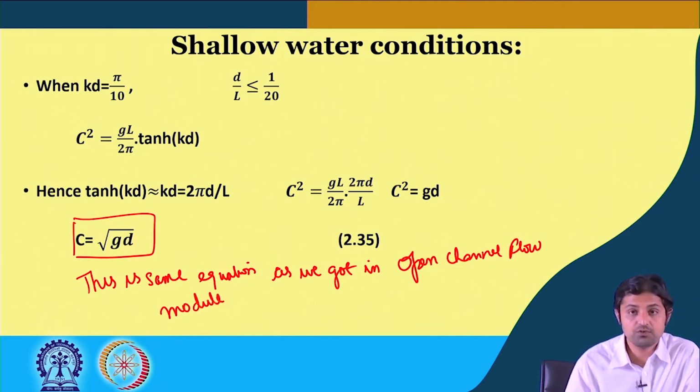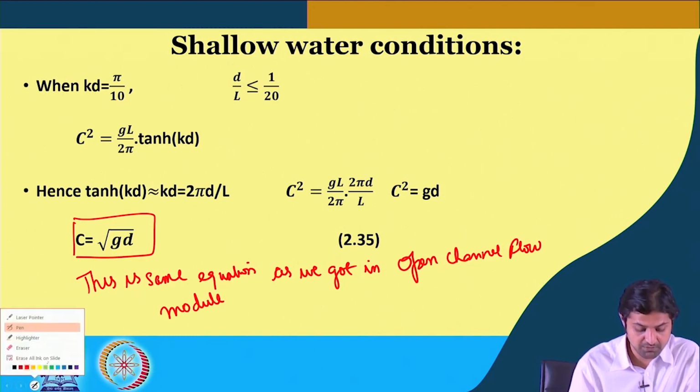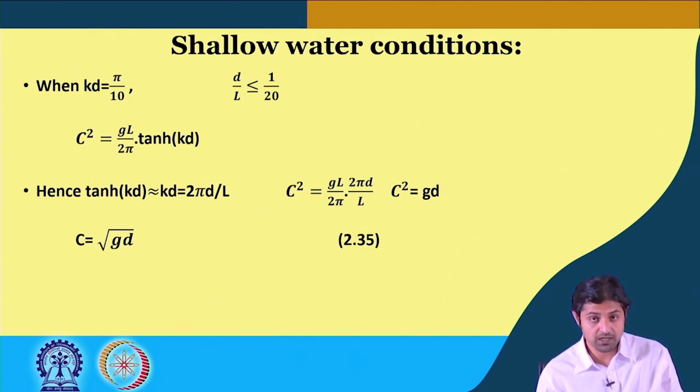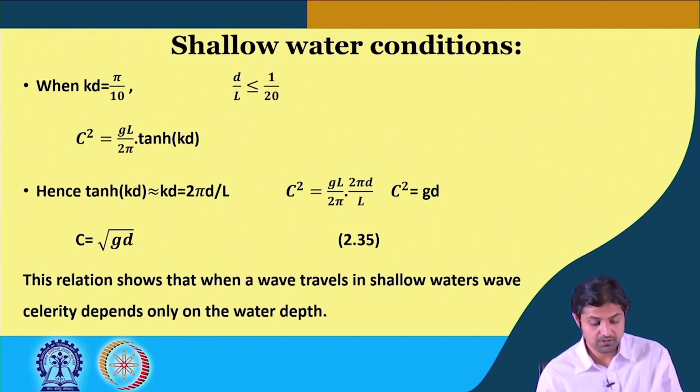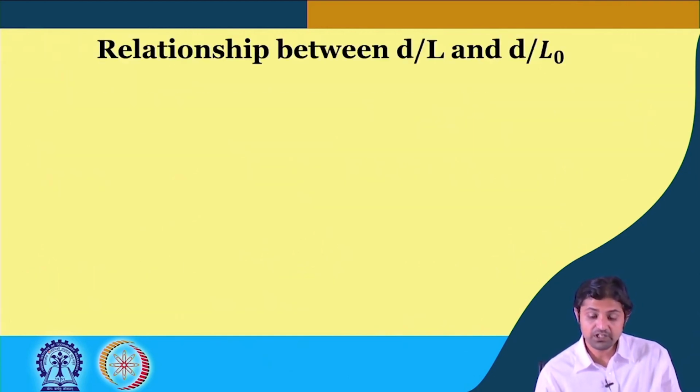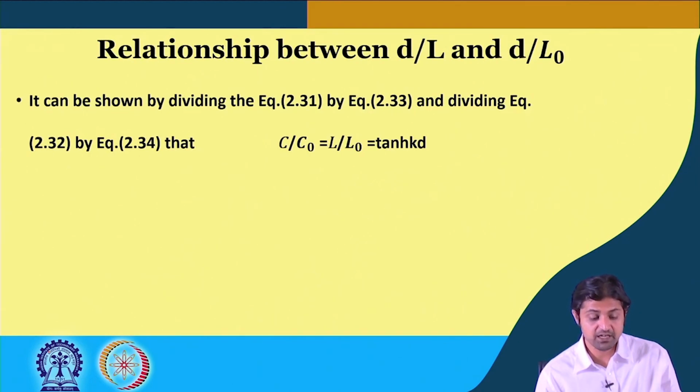Remember, we got c is equal to under root gd by applying the principles of continuity, momentum and energy balance. So in shallow waters, wave speed is under root gd, where d is the depth of the water. This relationship shows that when a wave travels in shallow water, wave celerity depends only on the water depth. Now, the relationship between d by L and d by L naught.